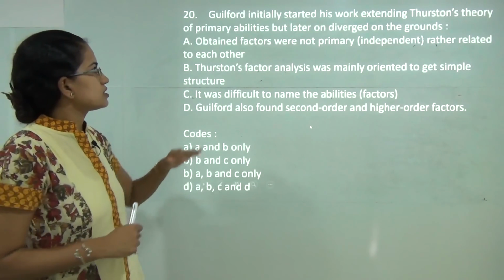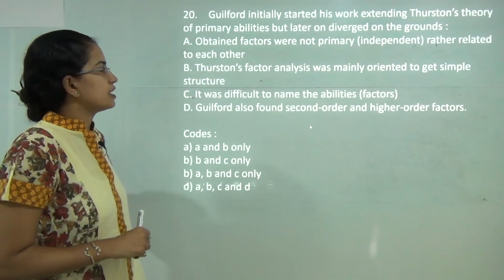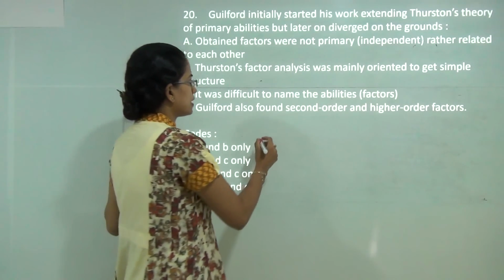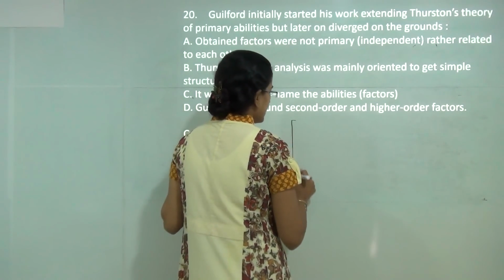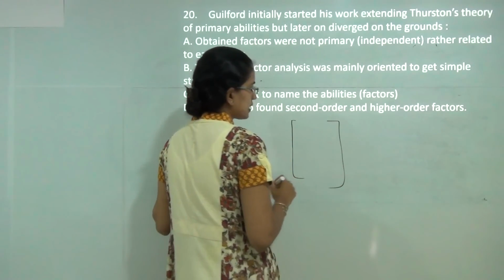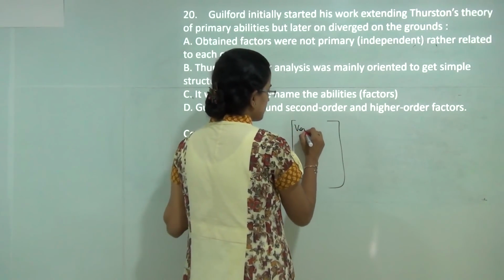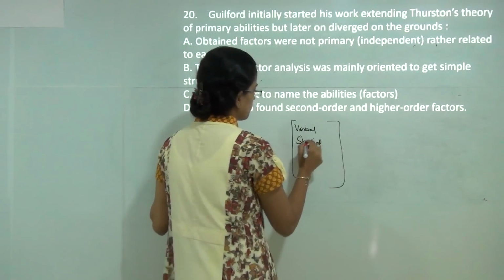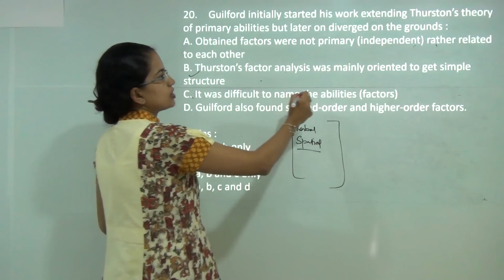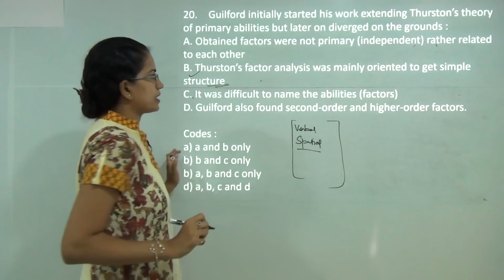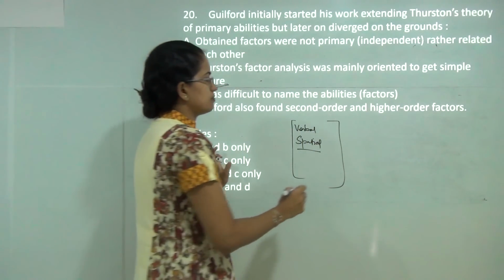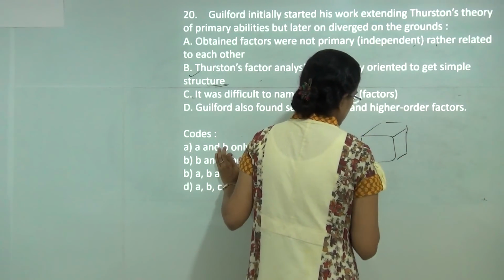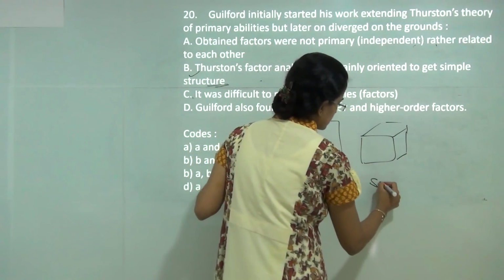Now the next question is on Guilford's intelligence model as compared to Thurstone's primary mental abilities. Thurstone's primary mental abilities divided mental ability into groups, for example verbal ability, spatial ability and so on. This classification was very simple as compared to Guilford's. Guilford explained it with the cubic model he propounded, the structure of intelligence.